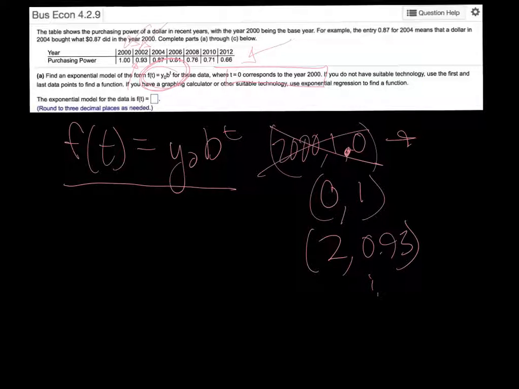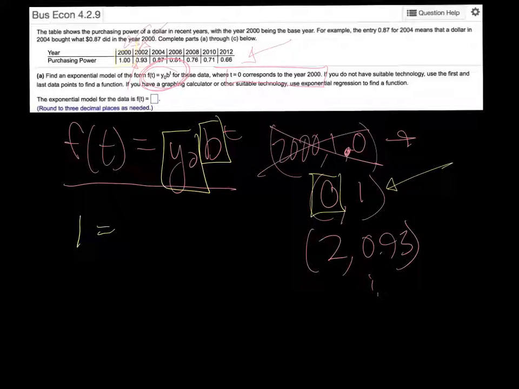So there are a couple things that we know that we do not, quote, know, and that would be y sub 0 and the base for this function. So let's first use this first data point with an x value of 0, or technically a t value of 0, to determine the first thing. When they tell you with this point that when t equals 0, year 2000, f of t is equal to 1. So f of t is equal to 1 when t is equal to 0.